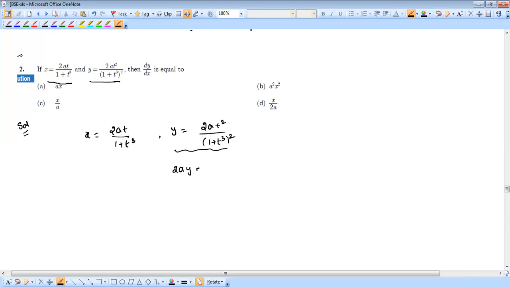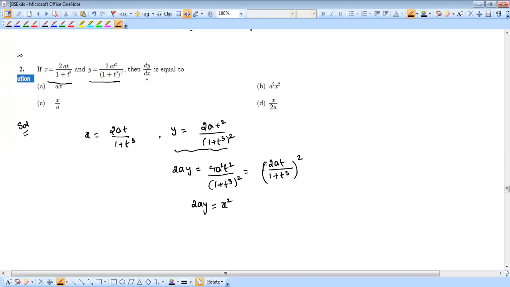It becomes 2ay and 2a into 2a, 4a square t square divided by 1 plus t cube whole square. This I can write as 2at divided by 1 plus t cube, whole square. So 2ay is equal to x square.